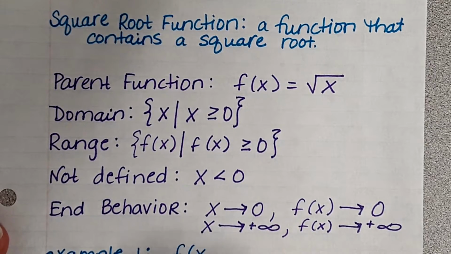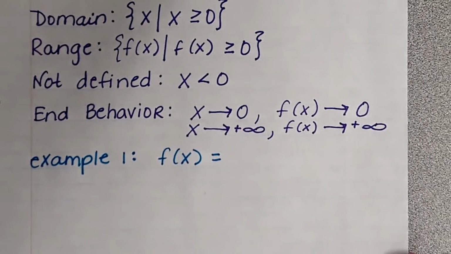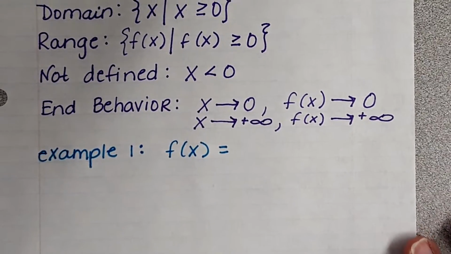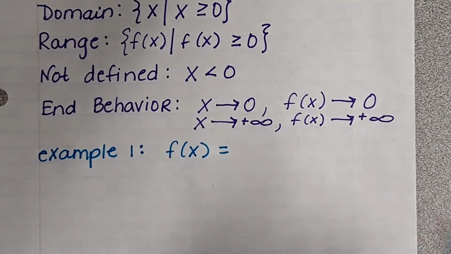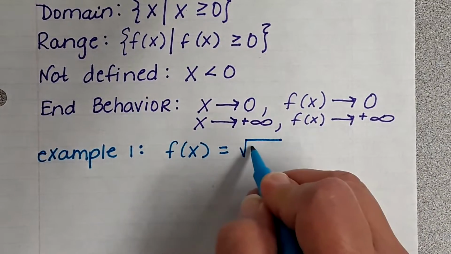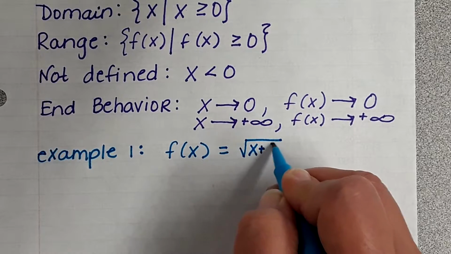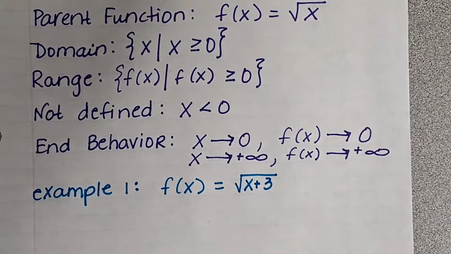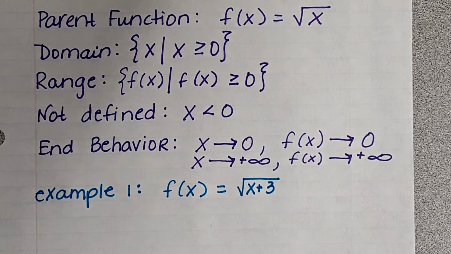So f of x equals the square root of x plus 3. So this is our problem. Notice it's a little bit different than our parent function, f of x equals the square root of x. This is just the square root of x plus 3.